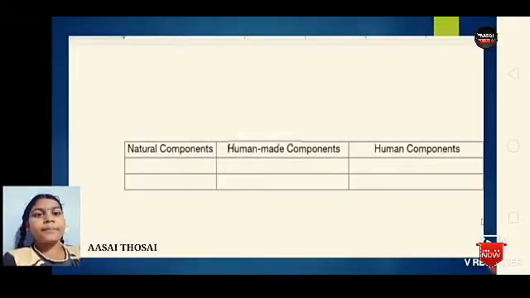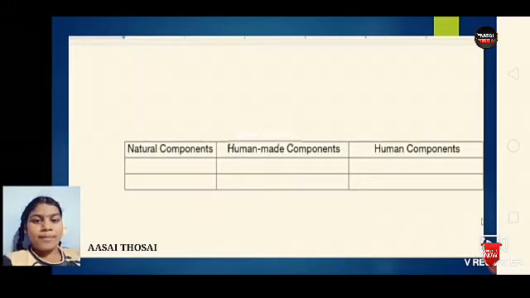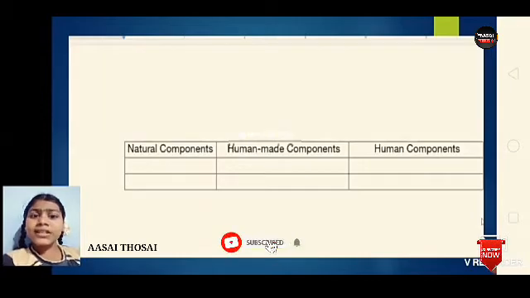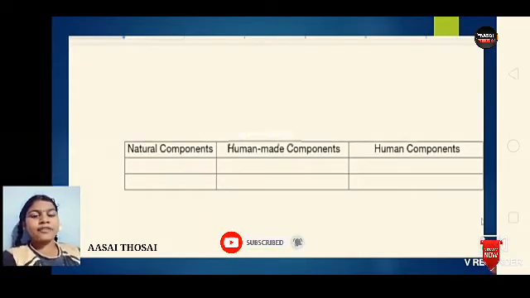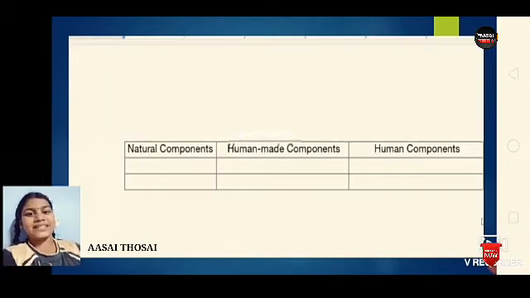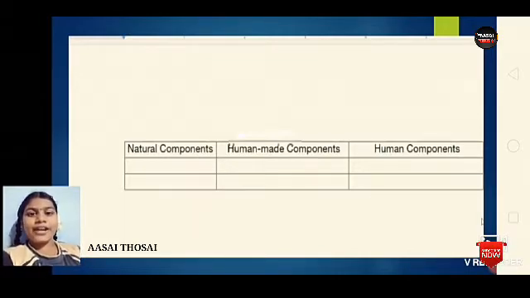Now, nature components, human-made components and human components. Make a tabular column like this. Before the class, we wrote things around us. I said to write what is around you, and I said this is useful for the end of our class.